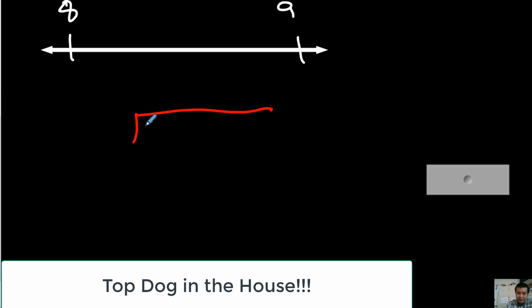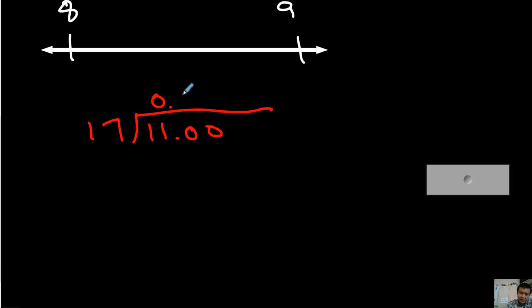We've got top dog in the house, which means 11 is going inside. 17 goes on the outside. Obviously, it's going to be a 0 point something. And 17 goes into 110 6 times. So this is going to be 102. Subtract. We get 8. Bring down the decimal. And it goes in, I believe, 5 times.